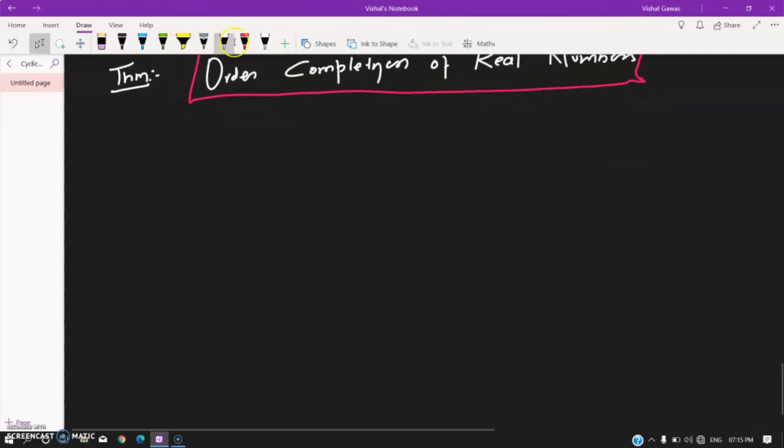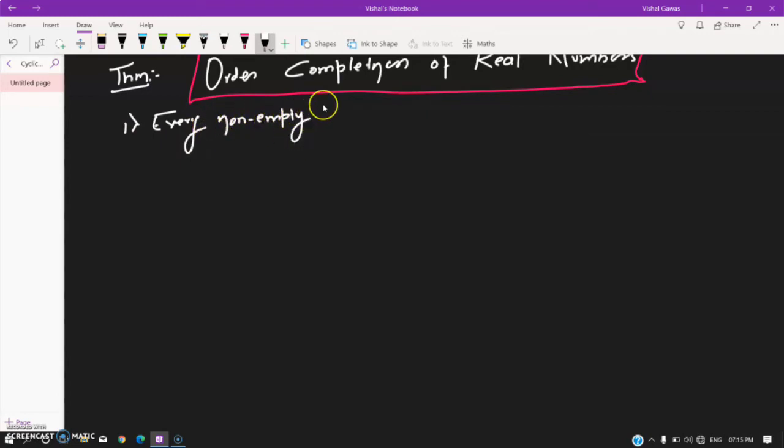The first one is actually there. It doesn't look weird. It's so natural, you know. Every non-empty subset of R that is bounded above has a least upper bound.